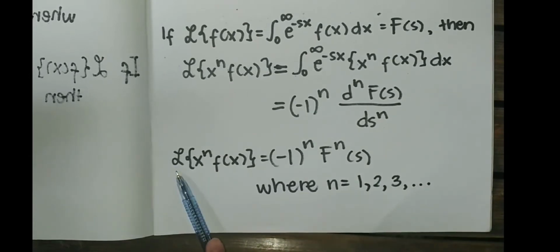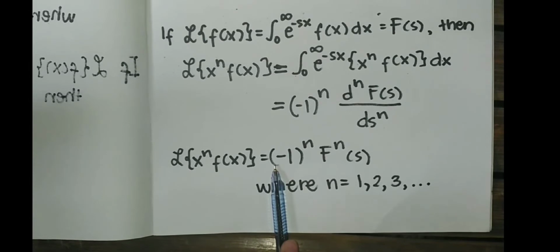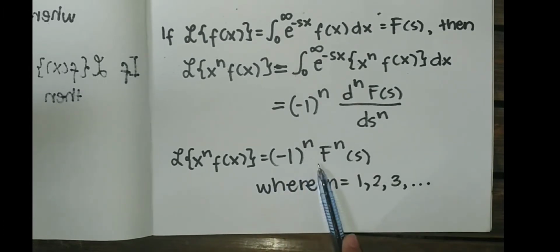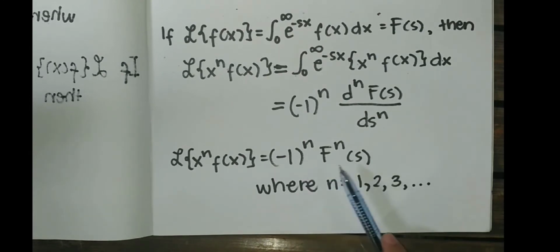So the Laplace transform of x raised to n f of x is equal to negative 1 quantity raised to n multiplied by the nth derivative of F of s with respect to s, where n is equal to 1, 2, 3. So how did it happen?